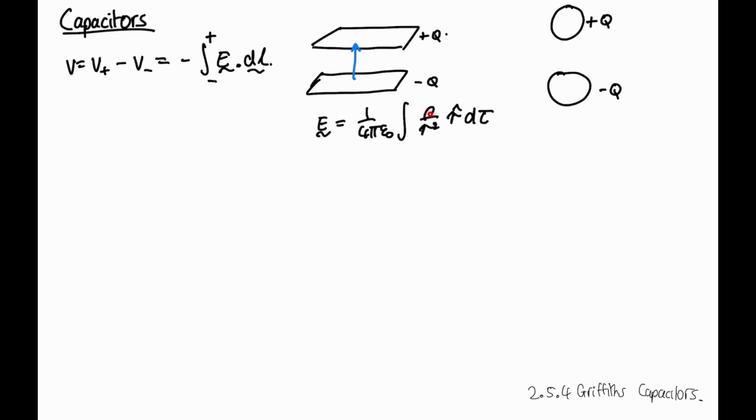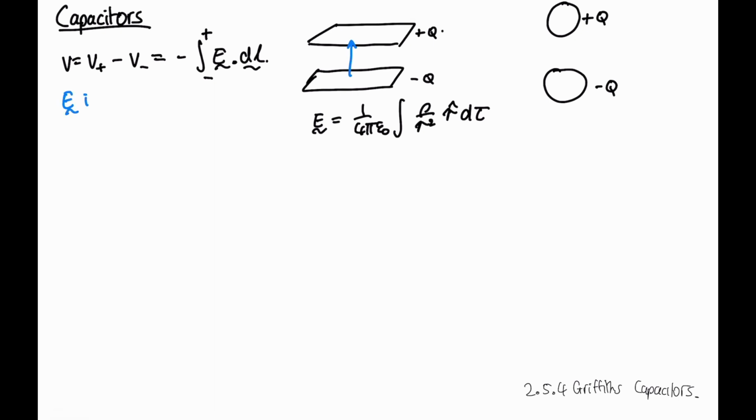We're doubling the number of charges in the volume, so we double this, and that doubles the electric field. So the electric field is proportional to the amount of charge. So E is proportional to Q.